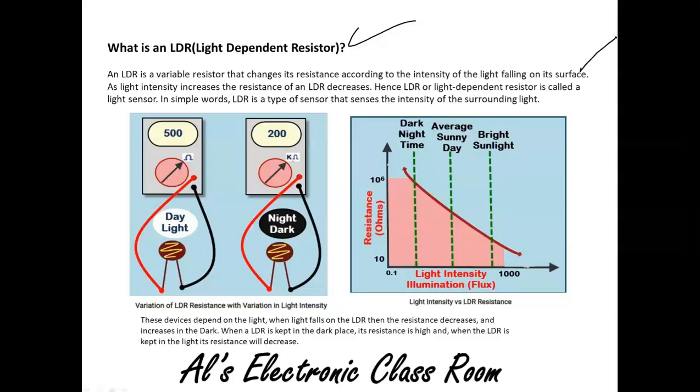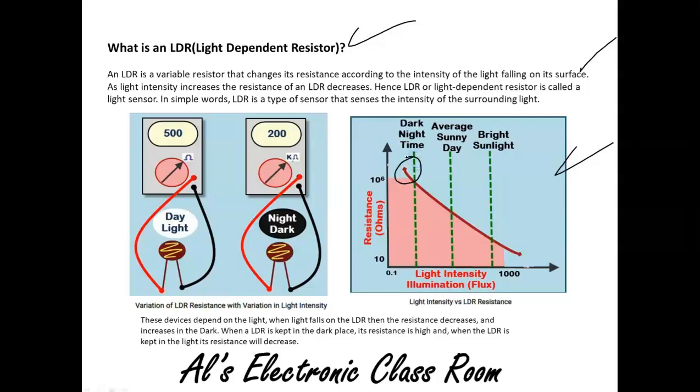But the crux of the matter is, if you look at this graph right here, nighttime, dark time, in other words, if I take this LDR and put it in darkness with no light, the resistance is going to be very high, which we show here.